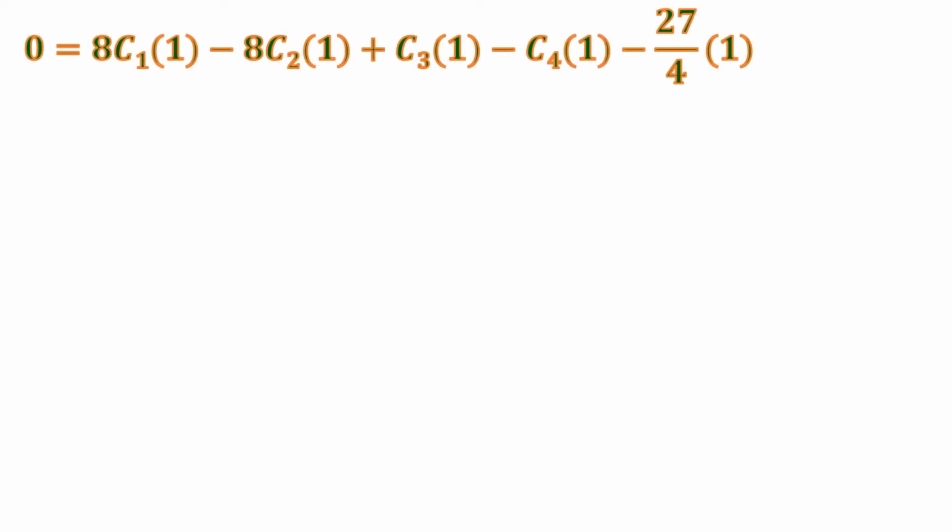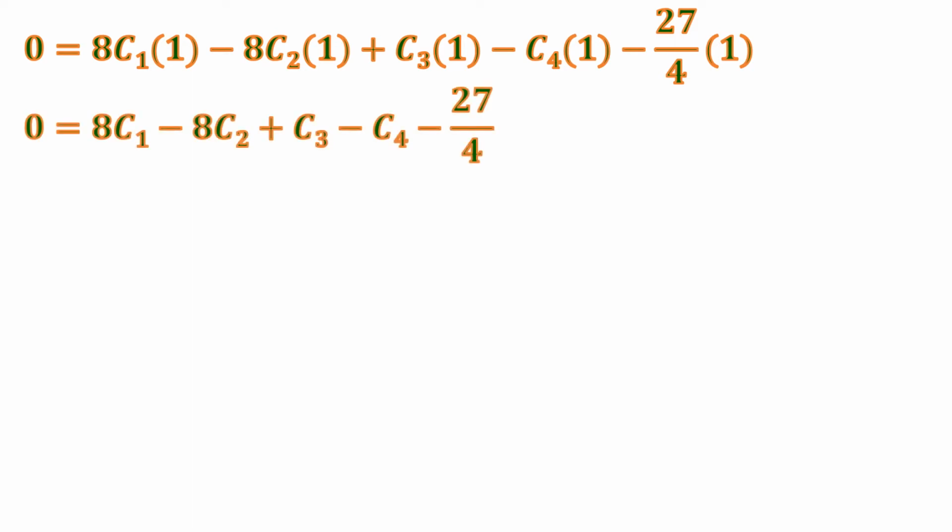Then we'll copy the last part to have extra space, and then multiply all the numbers by 1, so it becomes itself, and then transpose the negative 27 fourths. So this is now the equation that we needed. So we have another equation to use later for the values of our constants.